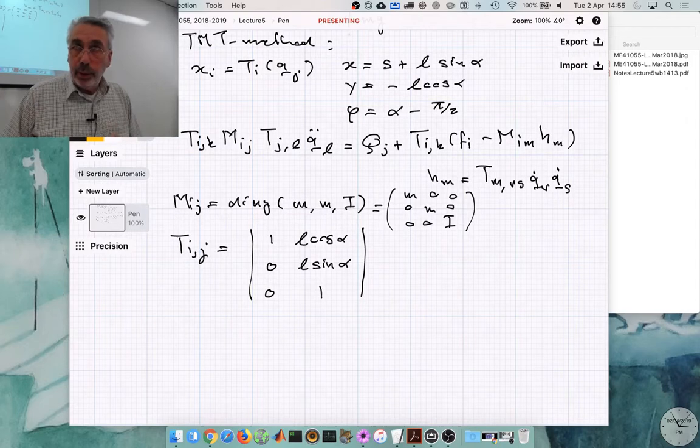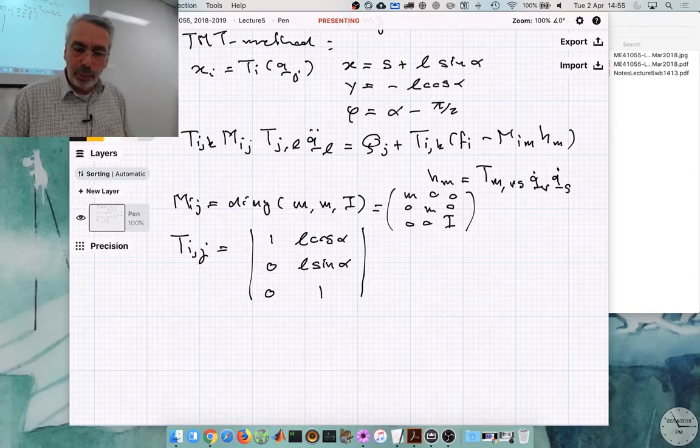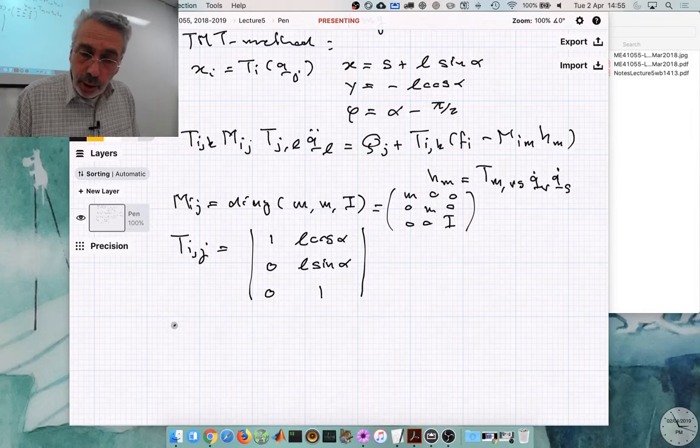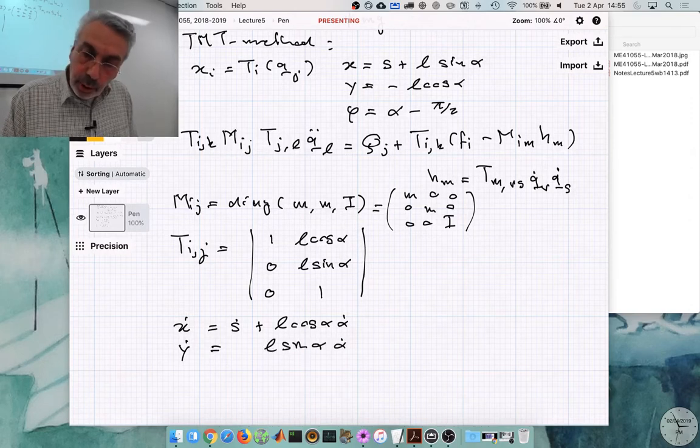You can read it like this. You can also say, I find it a lot easier to first write down what are the speeds and then look at what the multipliers are for the different speeds. So you could also do it this way. x dot is s dot plus L cosine alpha times alpha dot, and y dot is L sine alpha alpha dot, and phi dot is alpha dot.